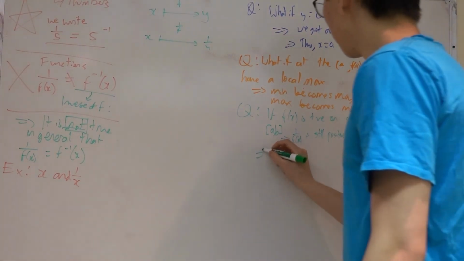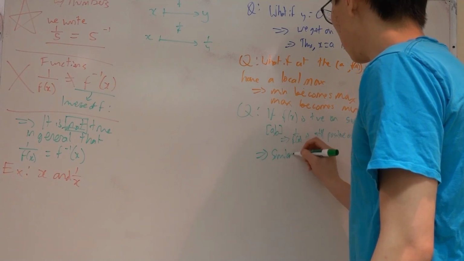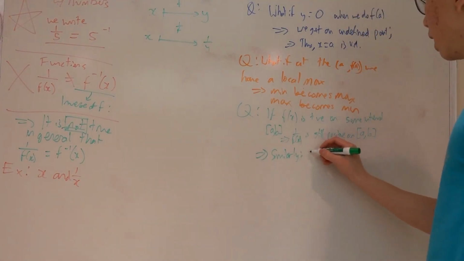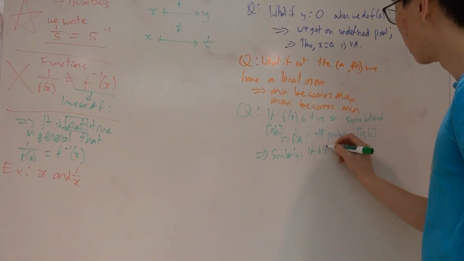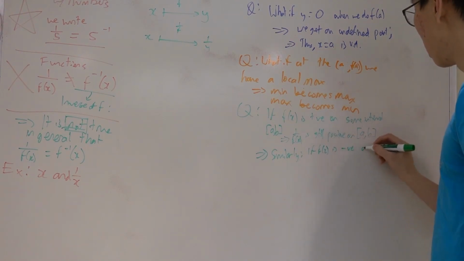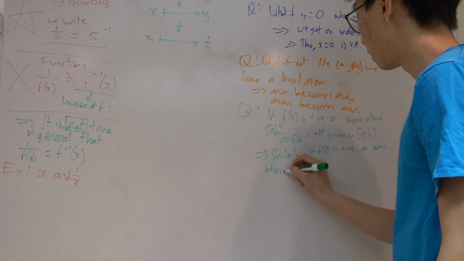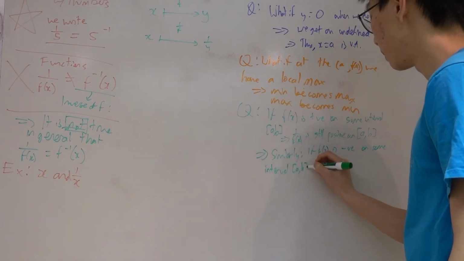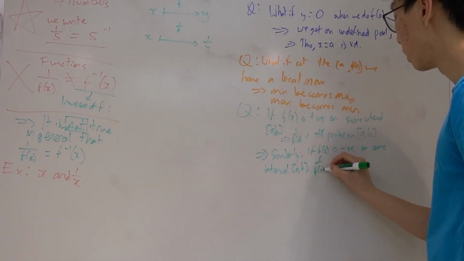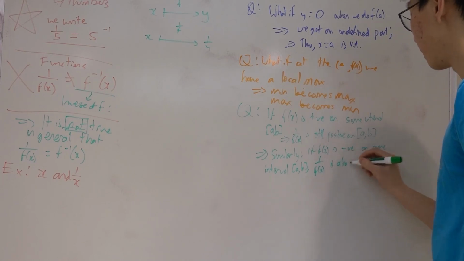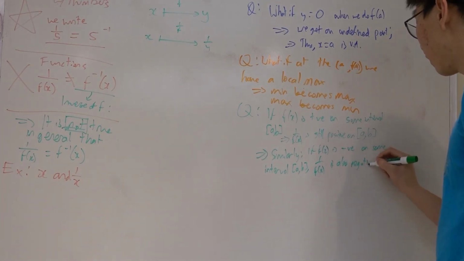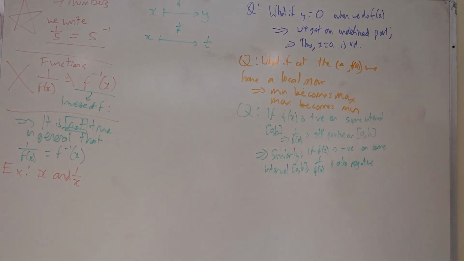Similarly, if f of x is negative on some interval ab, 1 over f of x is also negative. And this just comes from the fact that if you do 1 over a number, that doesn't change the sign of the number. All right?